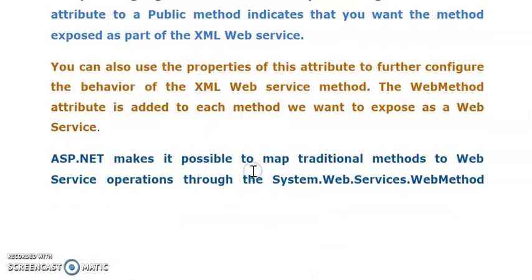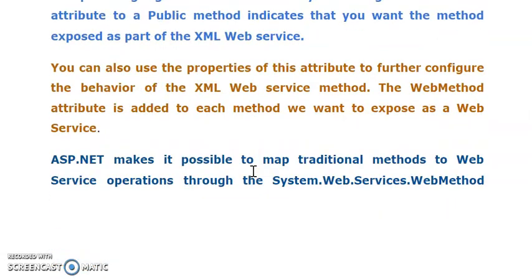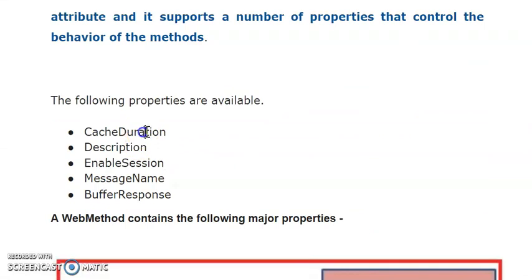So I think you understand about the web methods. Web method properties: cache duration sets how long that particular data will be held in your browser, and the time is in seconds. So cache duration equal to 20 means it will hold for 20 seconds.